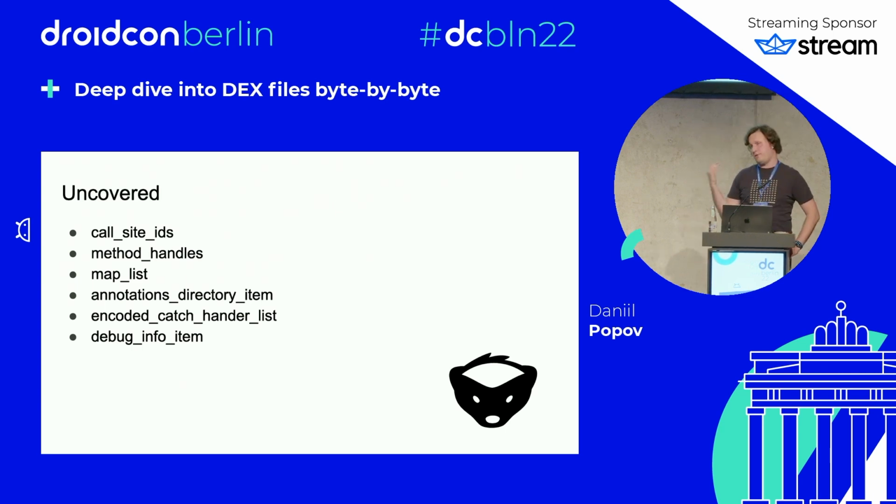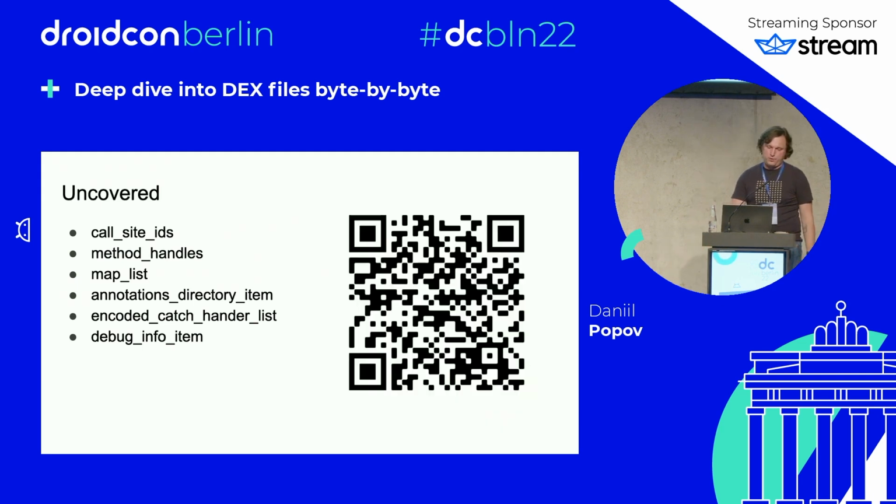If you're interested in these things, you can come to the booth of Bolt. We are here for the whole conference time, we have a lot of engineers there, and we can discuss this stuff. But if you want to read it by yourself, here's the QR code to the official documentation where you can find all the required information if you are curious enough.